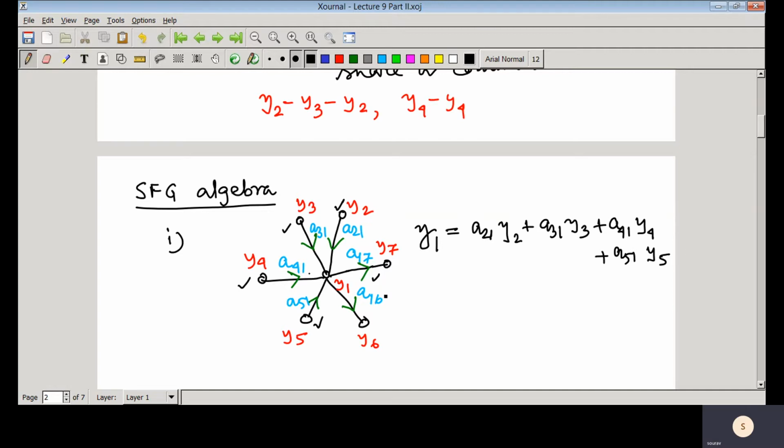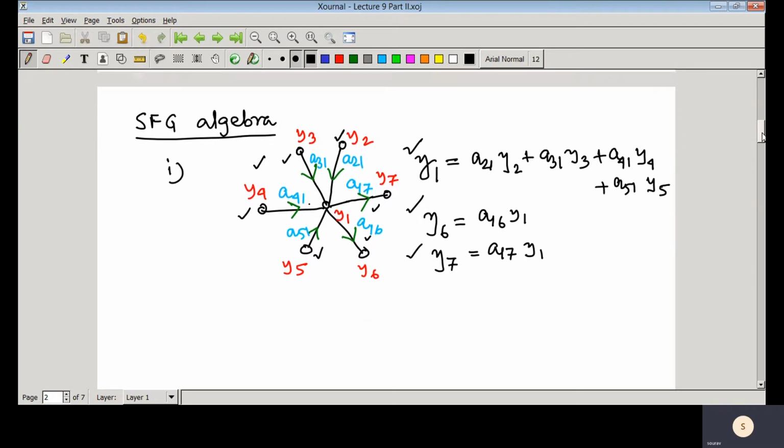So as in those two branches signals are going out, so basically we should not consider that one in this particular algebraic equation. Then we have another algebraic equation, that is y6. So y6 equal to A16 y1 and y7 equal to A17 y1. So you can see here these three algebraic equations represent this signal flow graph, or in other way, from this signal flow graph you can have these three algebraic equations.